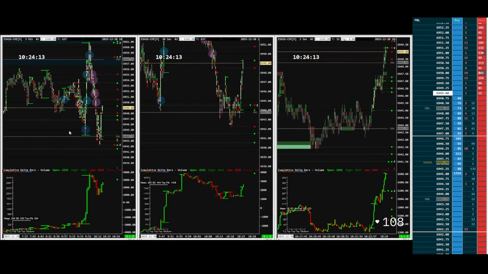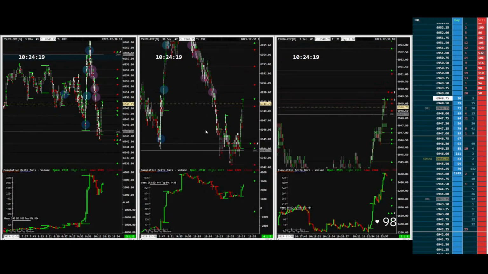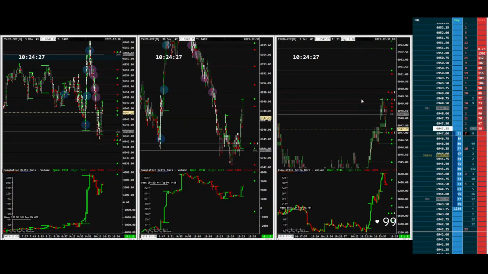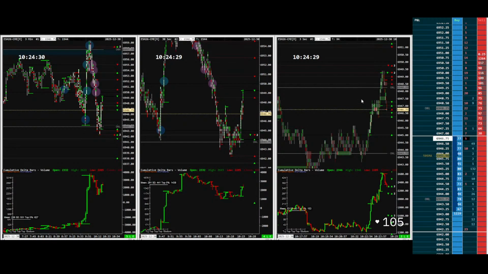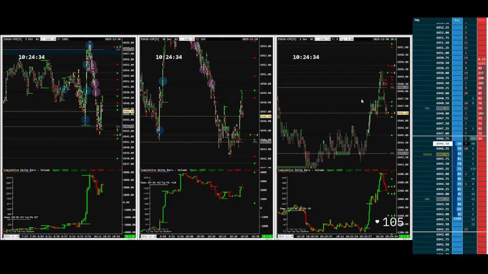3-minute definitely looks like range expansion. I went for the fade. It worked for 2 ticks and then it would have blown out 12. They're coming back into it. Was that an overshoot?